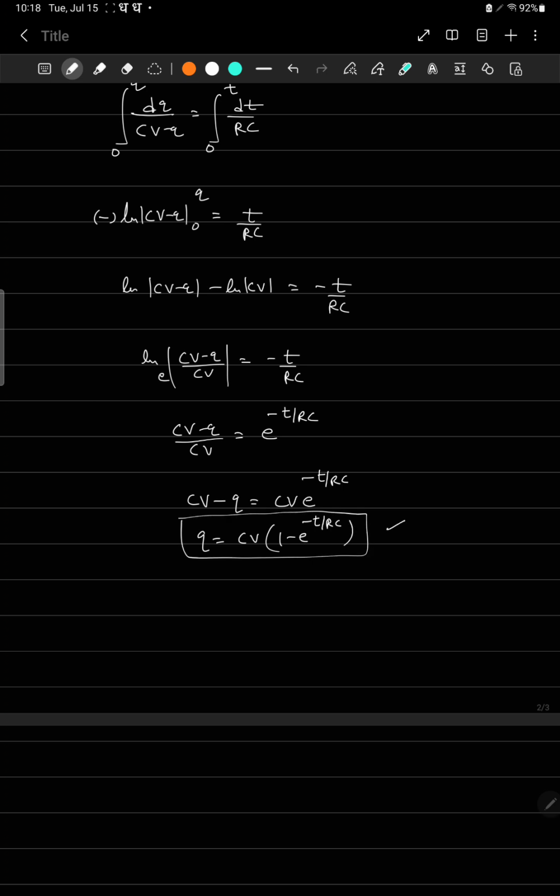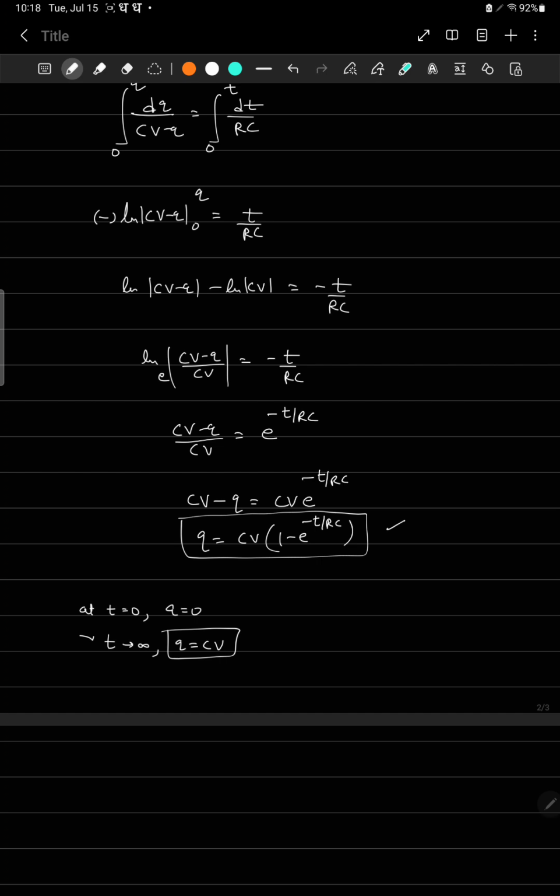So this is the charge now. You can see it is an exponential function, basically an increasing exponential function. From this expression, if I put t equal to 0, Q will be 0, and when t tends to infinity, Q equals CV. This point is important.